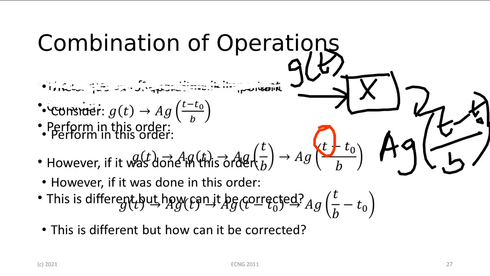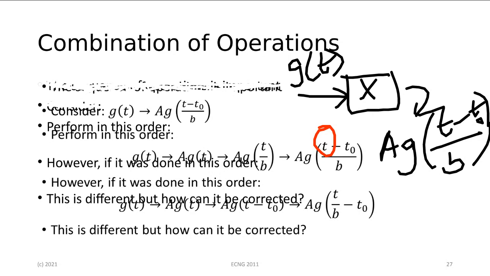If we did it in a slightly different order, however, we take G and amplify it first, and then instead of compressing or expanding it, we delay it in time by T0 first. So now at that point, we have AG of T minus T0, and then we compress.